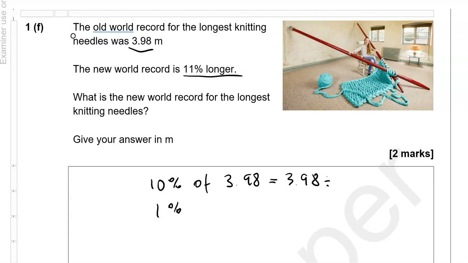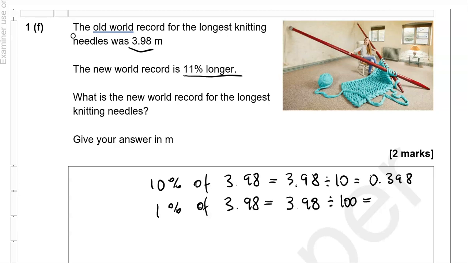3.98 divided by 10, which means moving the decimal point one place to the left and making this number smaller. So we get then 0.398. And then 1% of 3.98 is worked out by dividing 3.98 by 100.